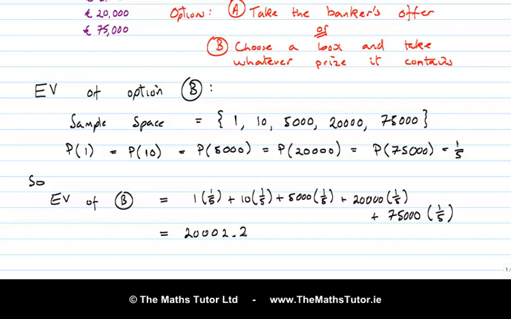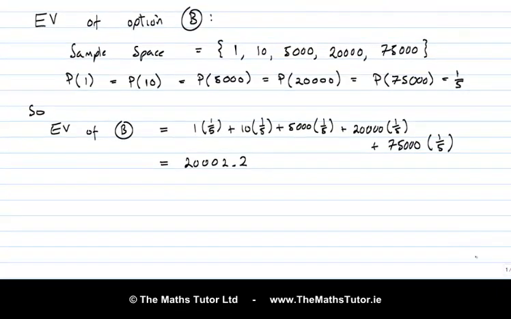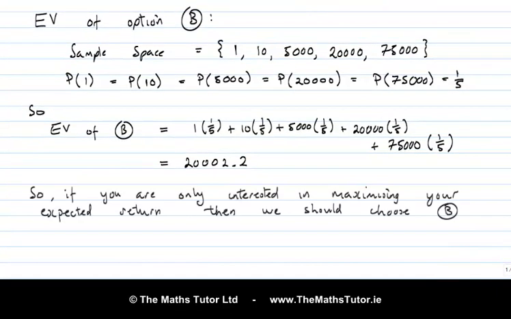So the expected value of option B is €20,002.20. Now remember, the banker's offer was €15,000. So if we're only interested in maximizing the expected return, then we should choose option B. In other words, you should reject the banker's offer and play on.